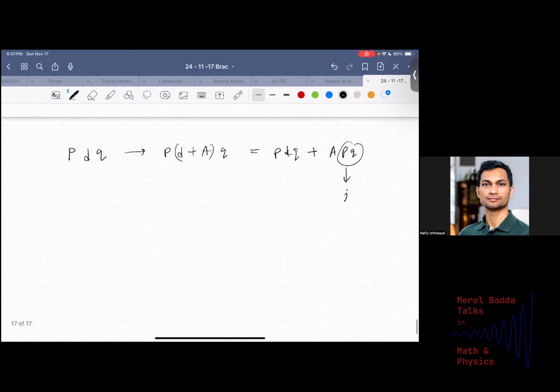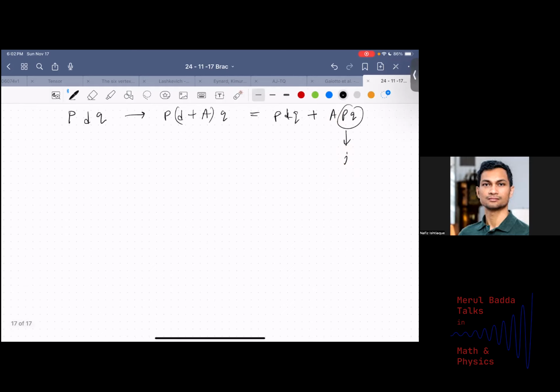The reason that I am saying this is the following. You should be able to write down a term in a Lagrangian involving the Noether current and the background connection. That's what I wanted to say.